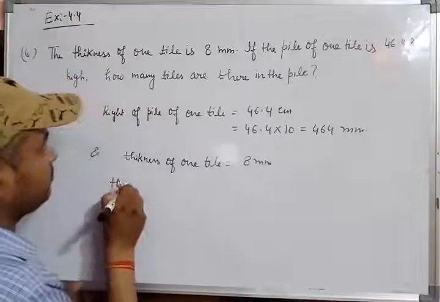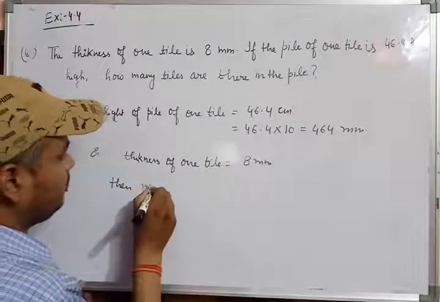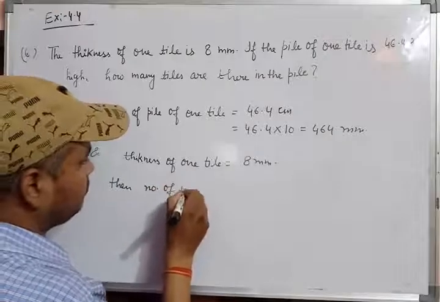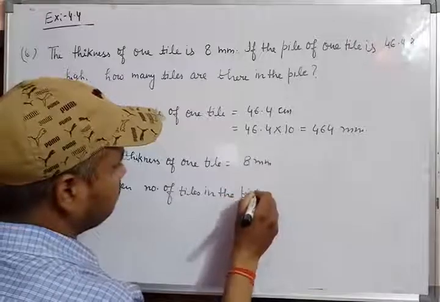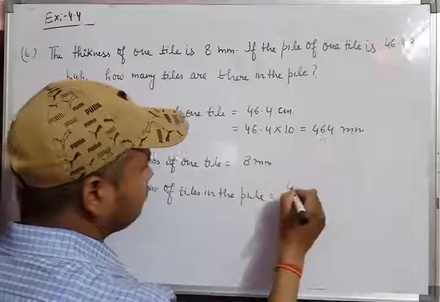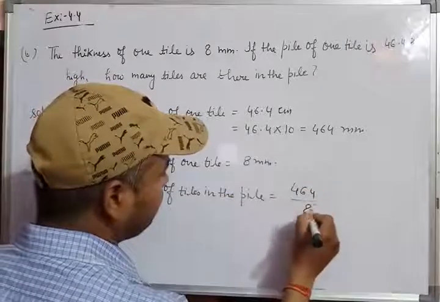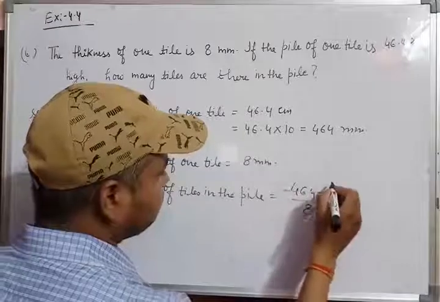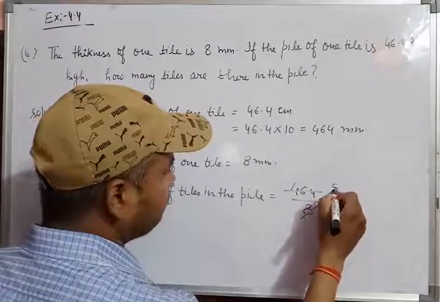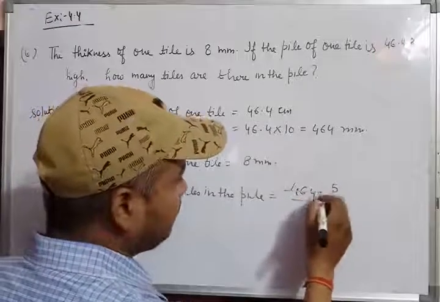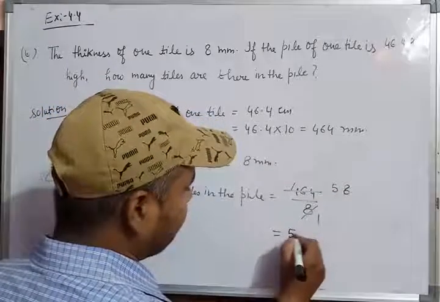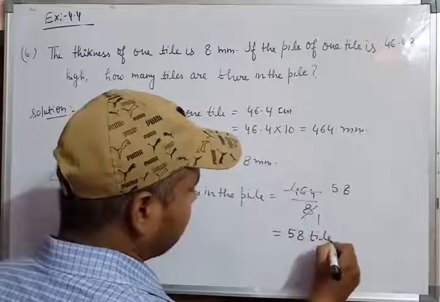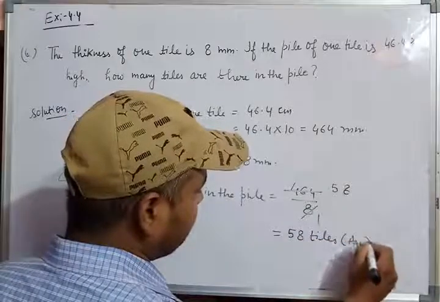Then the number of tiles in the pile, simply you have to divide this by this, 464 upon 8. 8 5s are 40 and 8 8s are 64, then you get 58 tiles. Okay, so this is the answer.